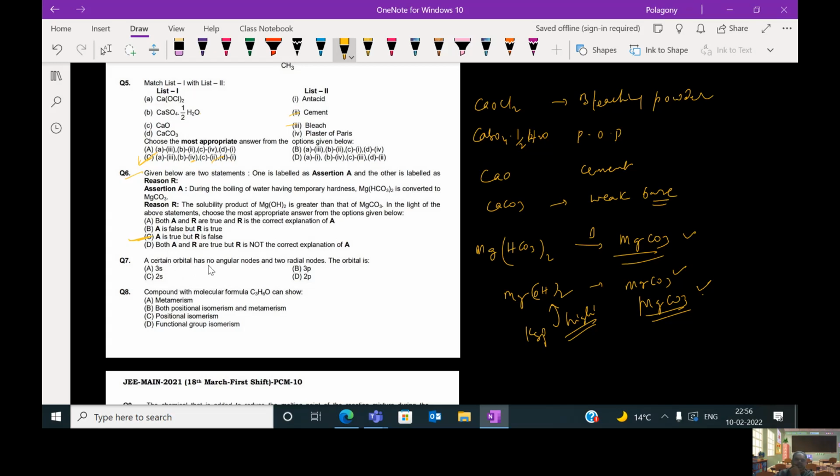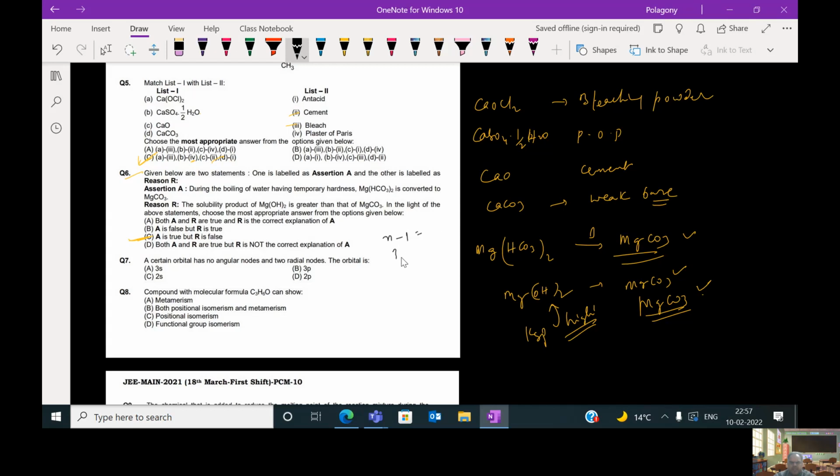A certain orbital has no angular nodes and two radial nodes. The orbital is? How do we find the number of nodes? The total nodes come from the formula n minus 1.